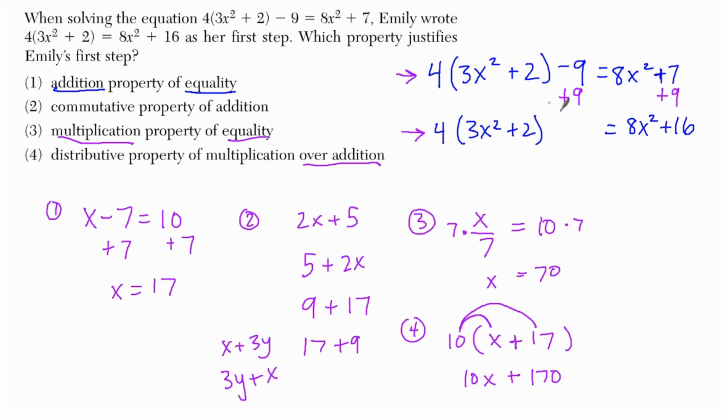Since we're adding 9 to the left side of the equation, and we're adding 9 to the right side of the equation, what we're actually doing is adding the same thing to both sides, which is allowable by the addition property of equality. So the answer is number 1.